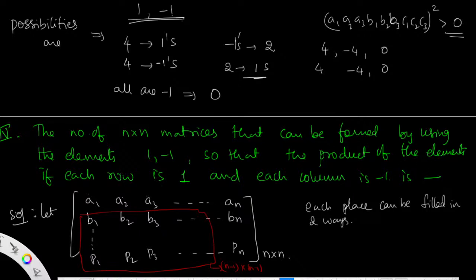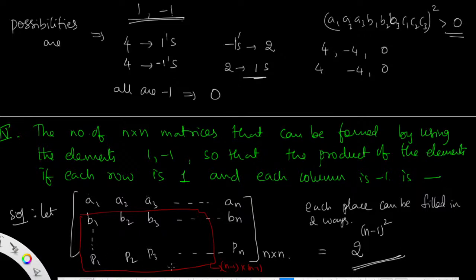Similarly, using the values for the first row and first column, the remaining matrix is of order n minus 1 into n minus 1. So the total value we can get is 2 to the power of how many? n minus 1 cross n minus 1, that is 2 power n minus 1 whole square.